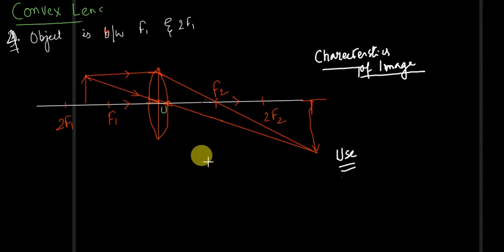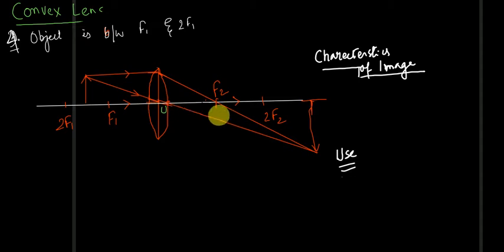As you can see over here, now the object has moved much closer to the lens and it is between the focus and 2 into focus, that is, between f1 and 2f1. One of the rays falls parallel to the principal axis, another is passing through the optical center.